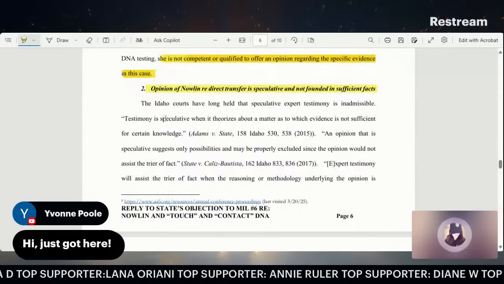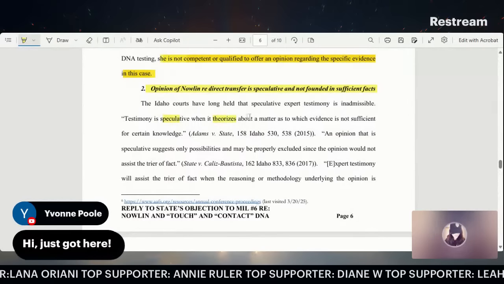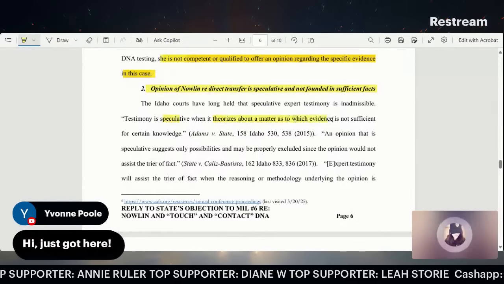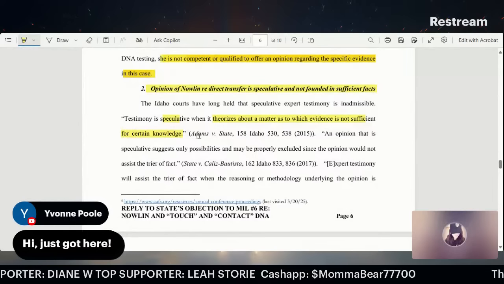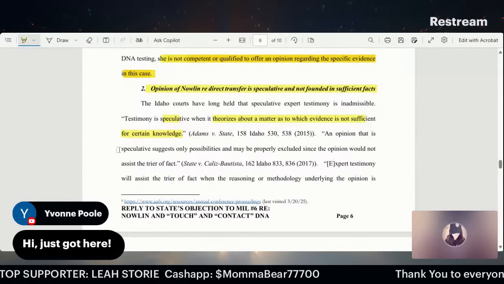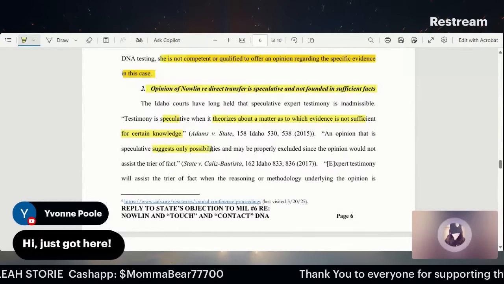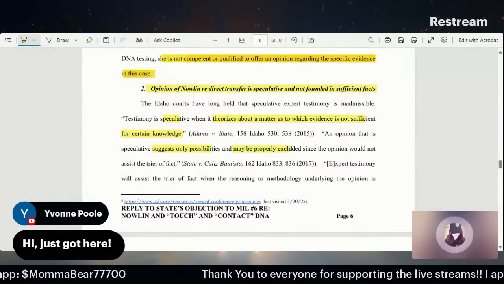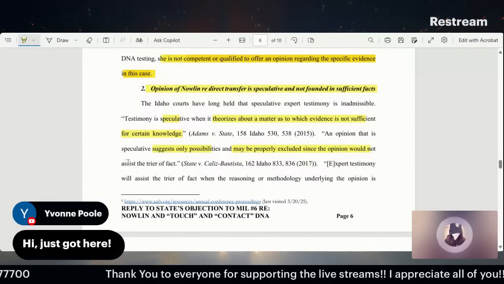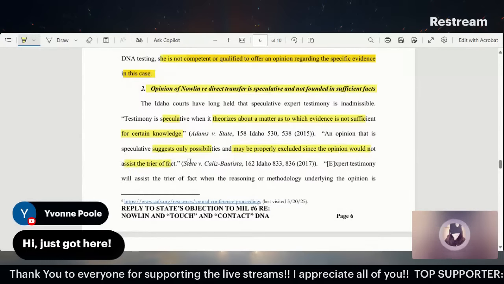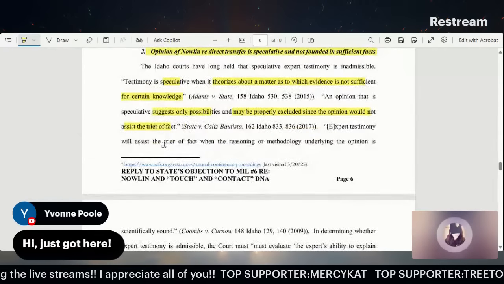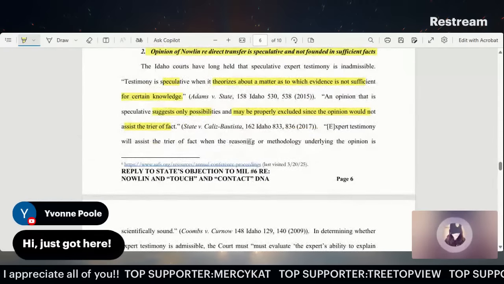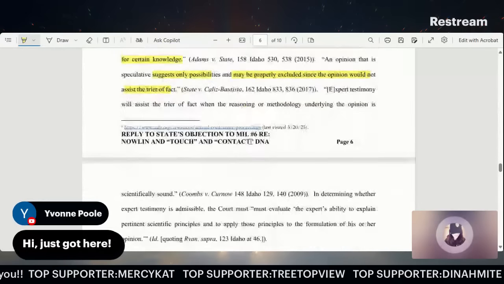Quote, testimony is speculative when it theorizes about a matter as to which evidence is not sufficient for certain knowledge. An opinion that is speculative suggests only possibilities and may be properly excluded since the opinion would not assist the trier of fact.